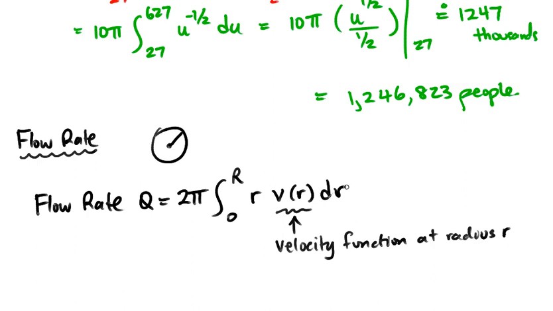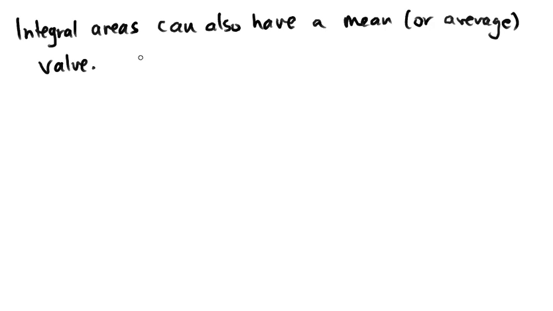One last thing that we can do in this section has to do with average value of area. So let's take a look at that as the last part. Integral areas can also have a mean or an average value to them. To see how the formula is generated, we're going to go back to how we found just areas, and one of the ways that we did that was using r sub n, which is adding up all those rectangles.